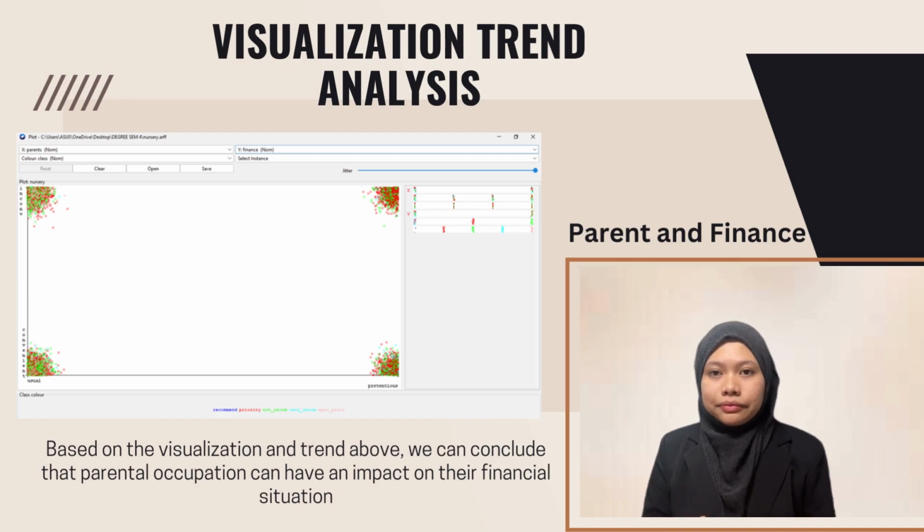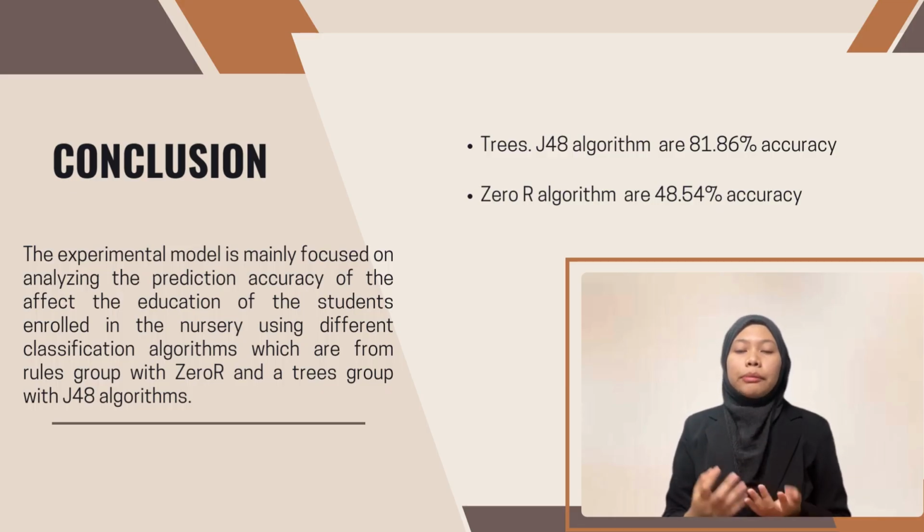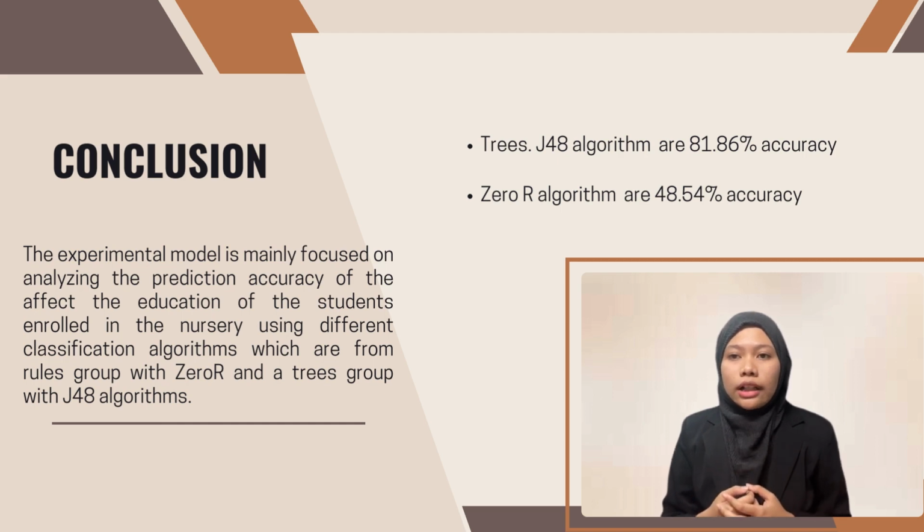The experimental model is mainly focused on analyzing the prediction accuracy of the effect on the education of the students enrolled in the nursery using different classification algorithms, which are from the rule group with 0R and the J48 algorithm.